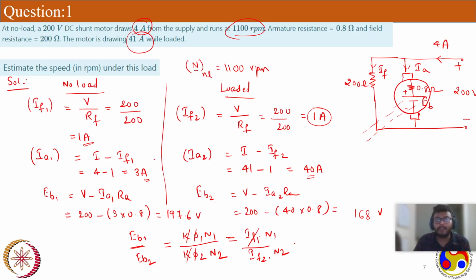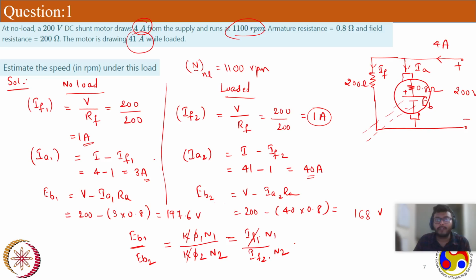Now tell me what is the voltage supply. Now it's just substitution. 200 multiplied by what is the no load current. The no load current is 4 minus 1, we got 3 amps, minus 3 square multiplied by 0.8. Okay.